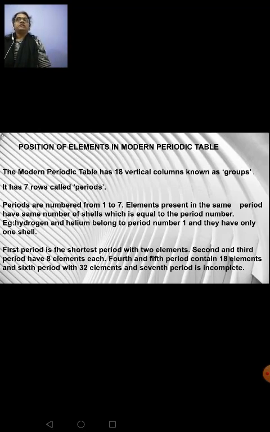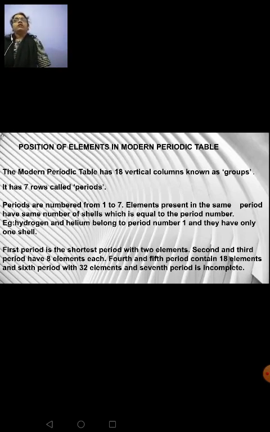We all know that the vertical columns are called groups and the horizontal rows are called periods. So the modern periodic table has 18 groups and 7 periods. When the elements are put under a particular group or arranged in a particular period, they have some relevance amongst them. So let's learn how that is done here.